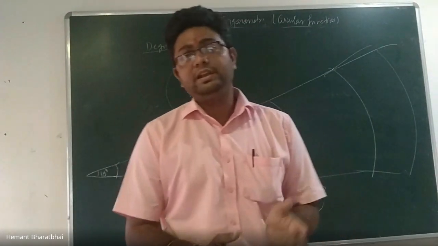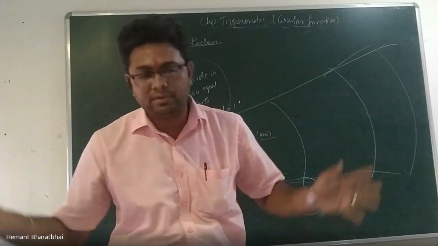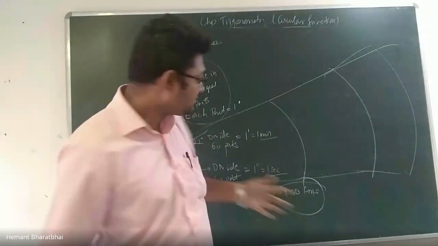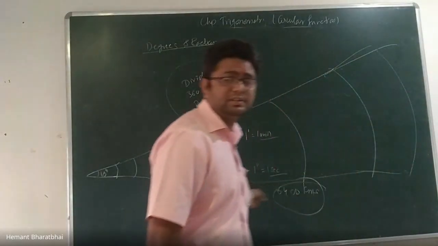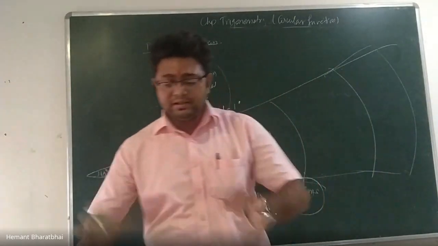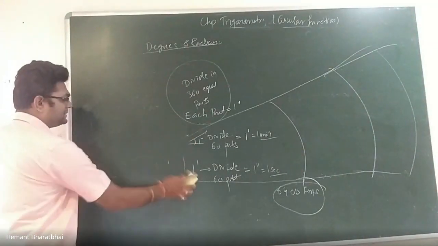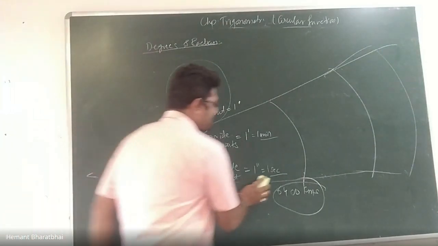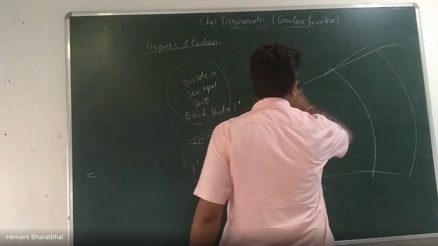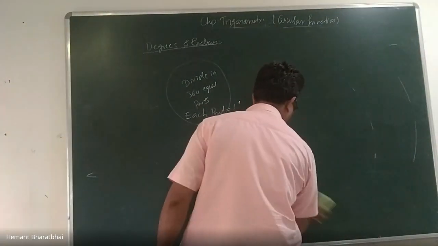Hence, there was a need to divide 1 degree into 60 equal parts and further each equal part into 60 equal parts. And moreover, if I change the length of this arm, the length of the arc also changes. Hence, this is an inconvenient system. Hence, we discarded this system.